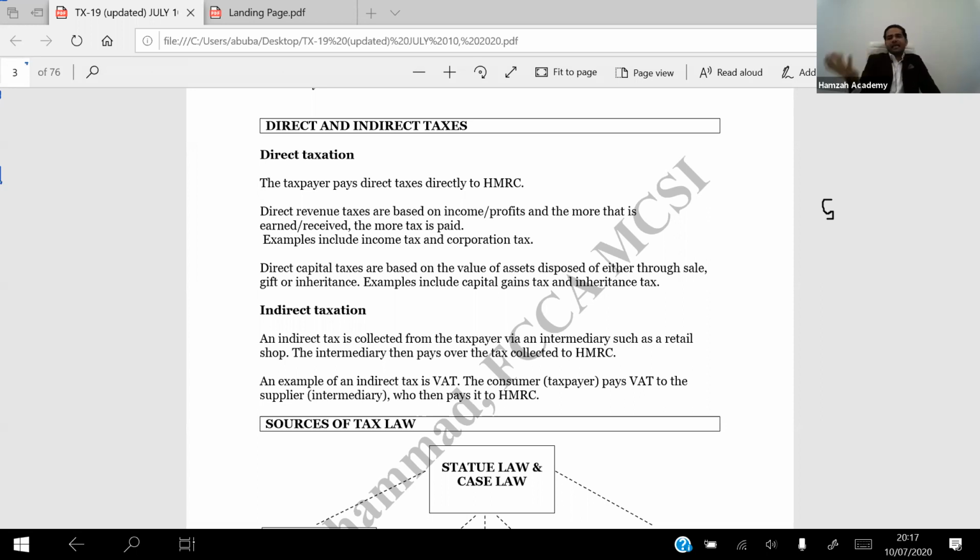The economical aspect is the same thing. The collection of taxation is the revenue for the government or for the economy. So when you are able to collect enough or more funds in terms of taxation, it means you will be able to spend in those needy areas, in those required sectors. Let's just say education.